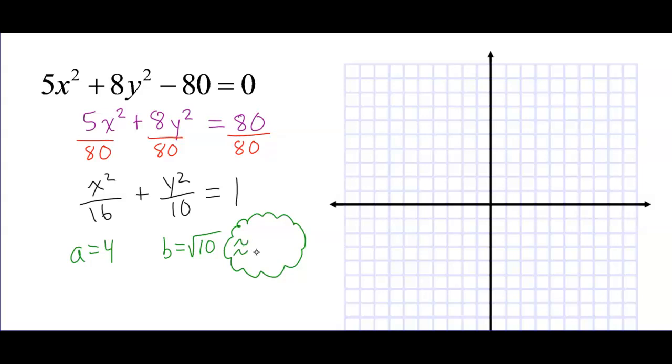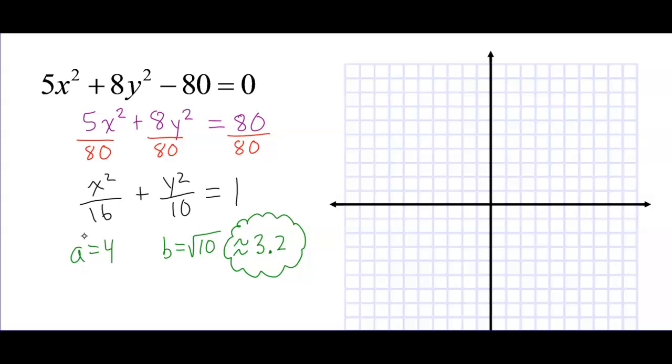So you grab your calculator, you type it into the calculator. Square root of 10, it's around 3.2. So when you're graphing this ellipse, you go in the vertical direction a little bit more than 3. But other than that, we're going to draw our ellipse pretty much the same way we did the previous one.